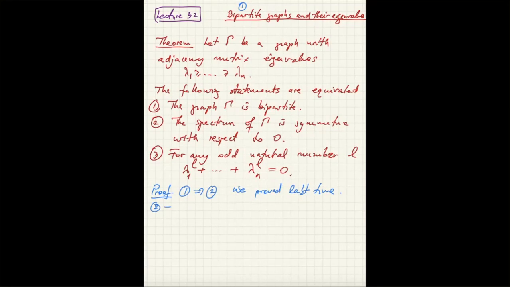Now the fact that 2 implies 3 is pretty straightforward, because if the spectrum of gamma is symmetric with respect to 0, then that means that if we have an eigenvalue theta, which is positive with multiplicity m, then the eigenvalue minus theta will appear also with multiplicity m.